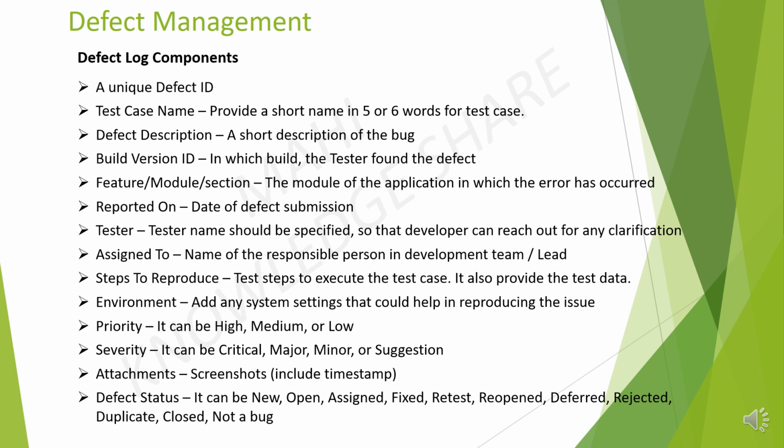It should be new from testing team, then starts with open, assigned, fixed, retest, reopened, deferred, rejected, duplicate, closed, not a bug as status in the report. And the last one is resolution. The development team sets this field for marking the defect resolution detail after they fix the bug.